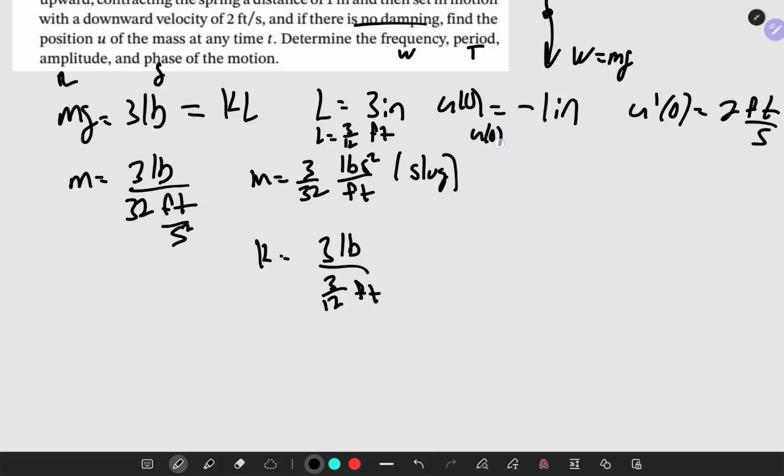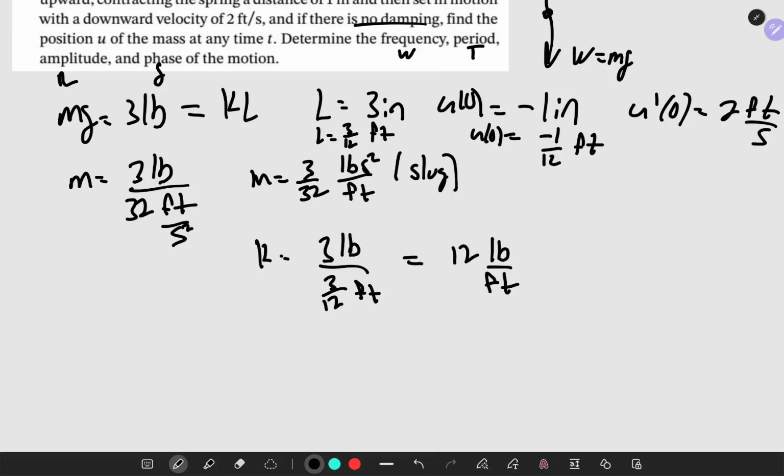And I'm going to convert this one as well. 12 times 3 is 48, divided by 3 is 12. K is equal to 12 pounds per feet. Let me just double check my work here. Yes.